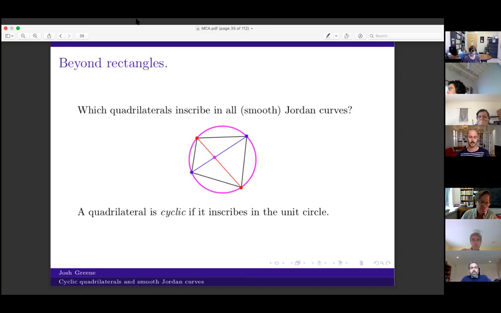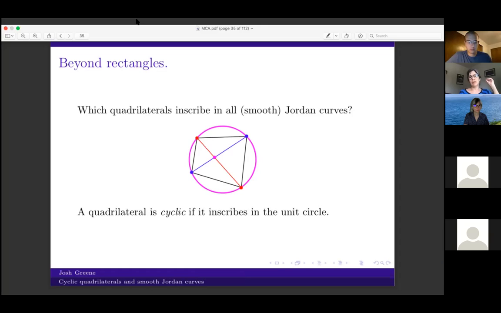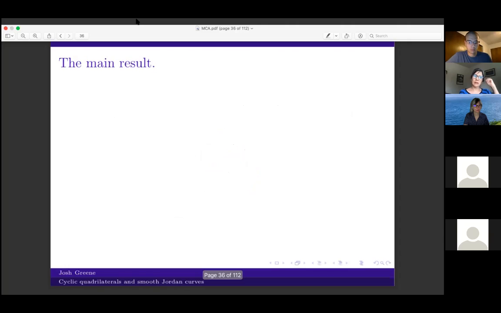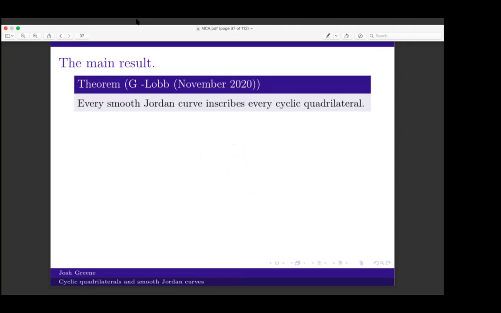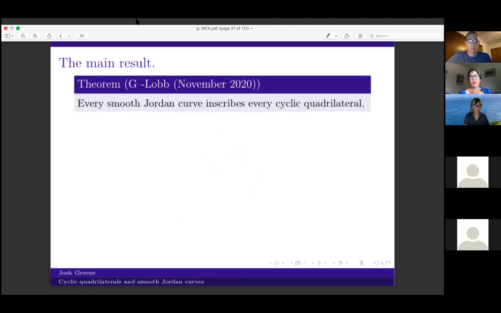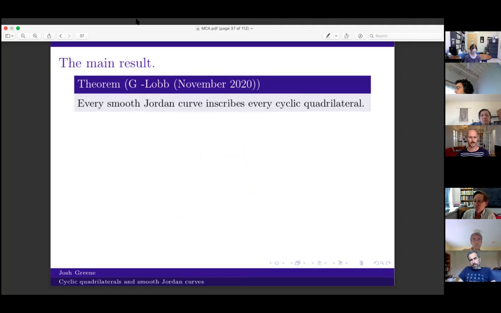Okay, so you might ask, as had been asked, is it true that every cyclic quadrilateral inscribes in every smooth Jordan curve? And that is in fact what we were able to show a few months ago. So indeed, every smooth Jordan curve inscribes every cyclic quadrilateral up to orientation preserving similarity. And so that's the result I wanted to tell you the proof of in the second half of my talk.